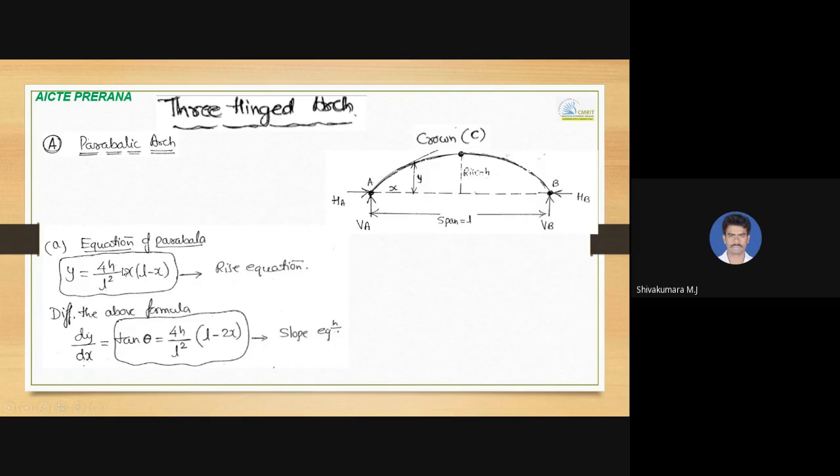If you substitute the value of x over here and the other things are known, you will get the value of y. For the parabolic variation, this is the formula we use. If you differentiate this with respect to x, you get the slope equation, and the rise equation you need to remember.